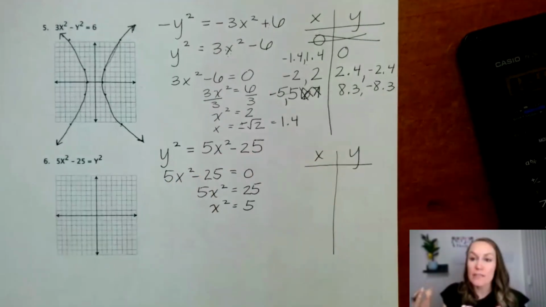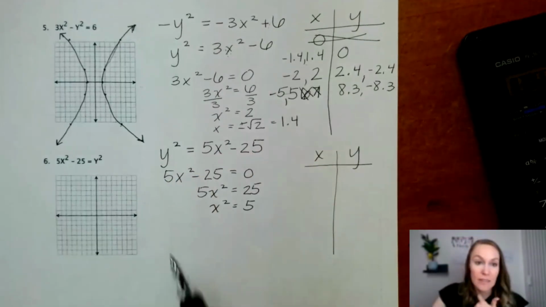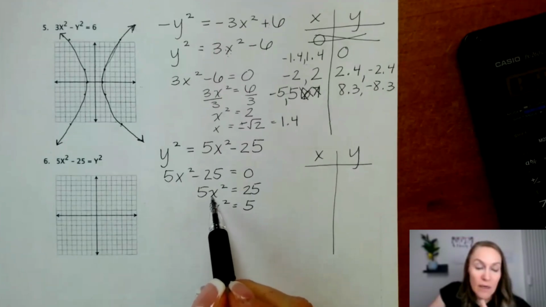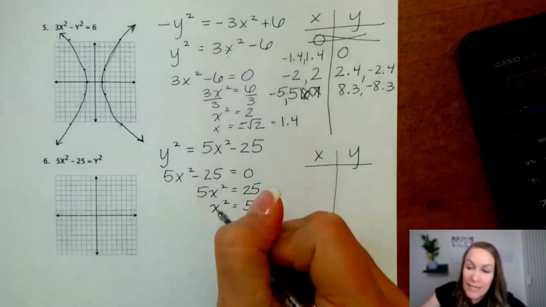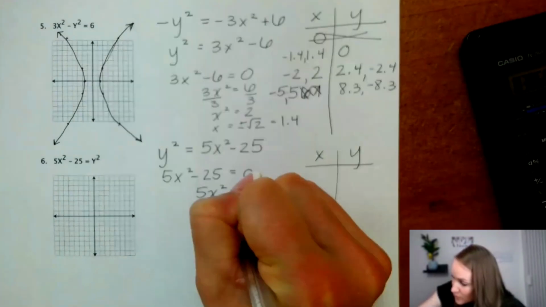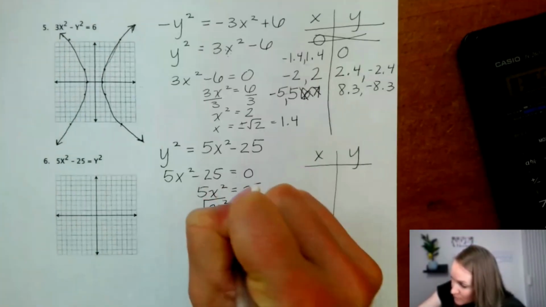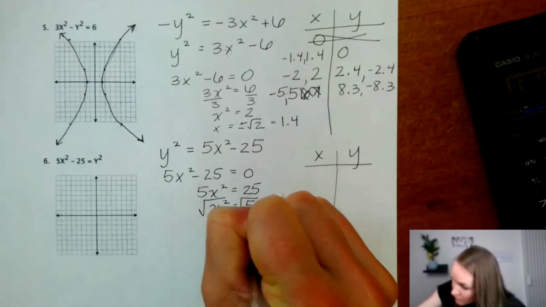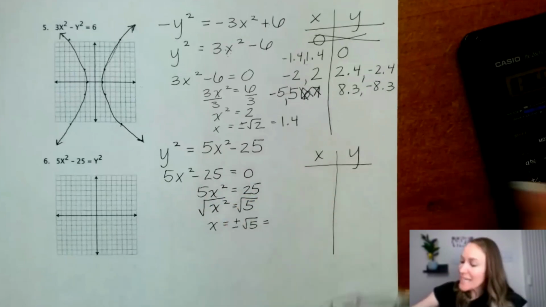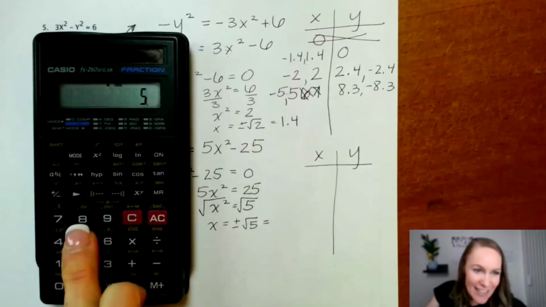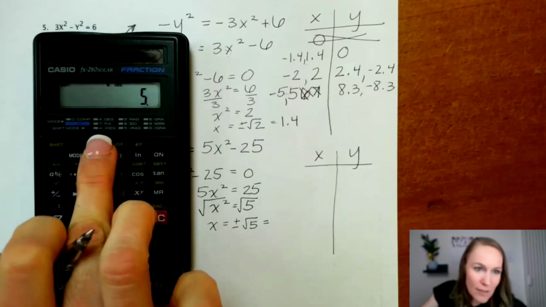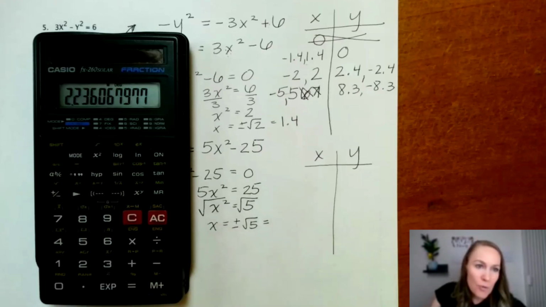I'm just going faster. I'm doing this all in my head. This is divide by 5, right? And now I need to take the square root of both sides. So x equals plus minus root 5, which is approximately 2.2.